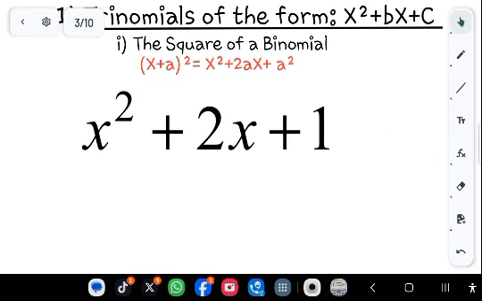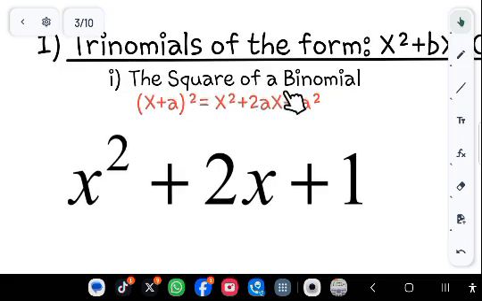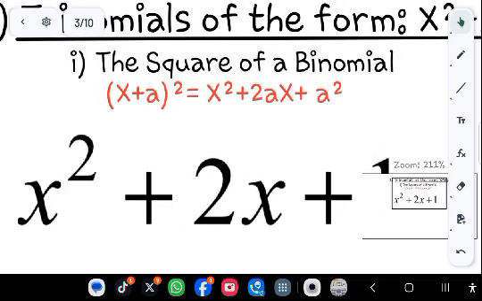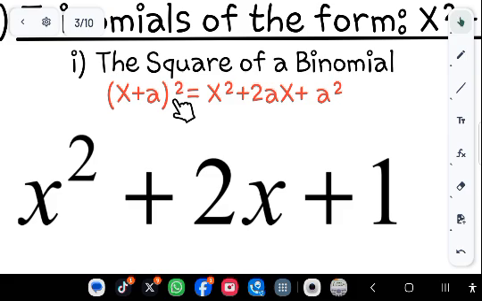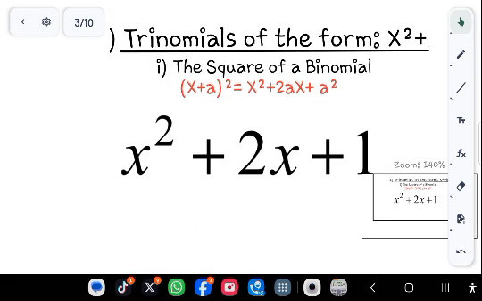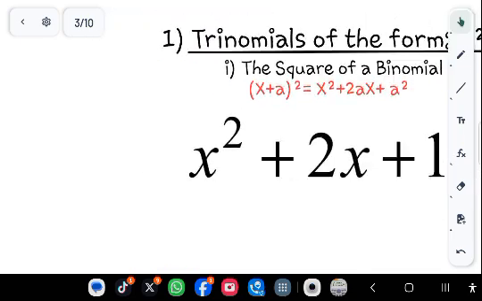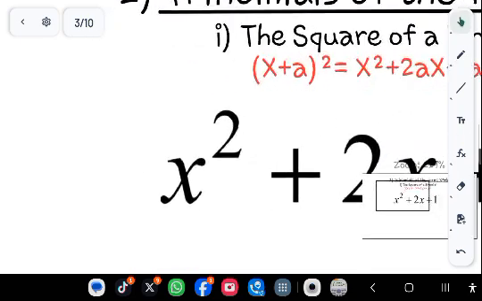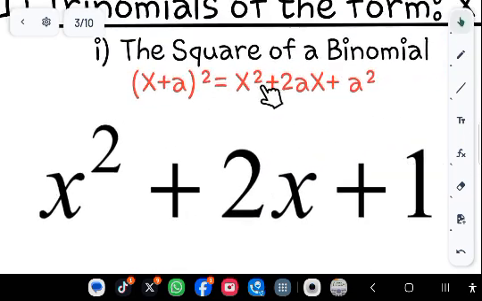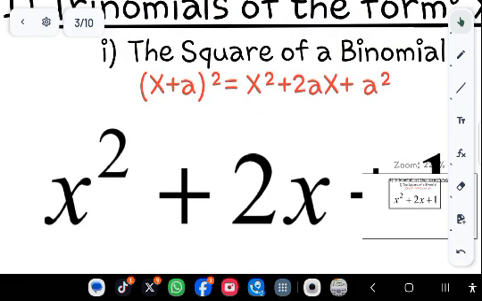And this type is going to be specifically the square of a binomial. Remember, when you square a binomial, basically, you multiply a binomial by itself, and that gives you this type of answer.